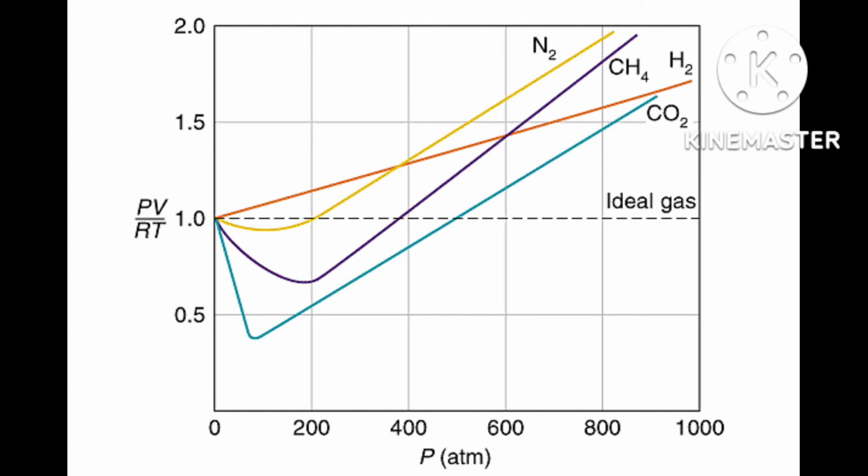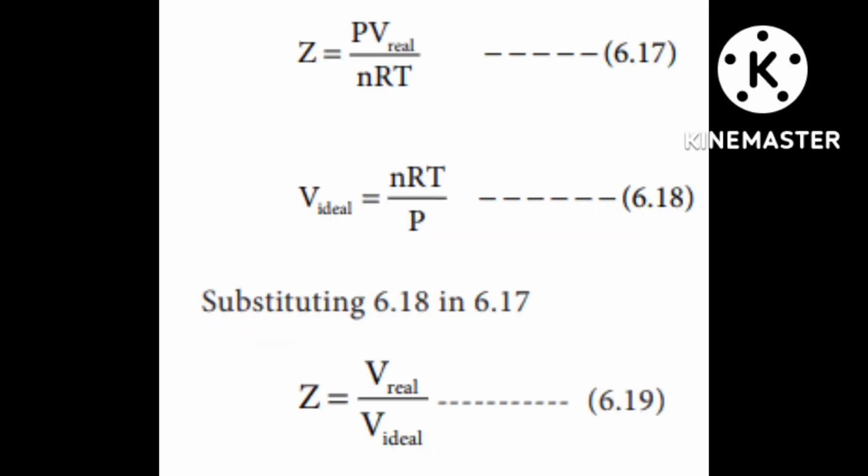If the gas shows ideal behavior, then PV is equal to nRT, so V is equal to nRT upon P. This we write as V ideal for the ideal gas. Then this value nRT upon P we put in the above equation, Z is equal to P V real divided by nRT.